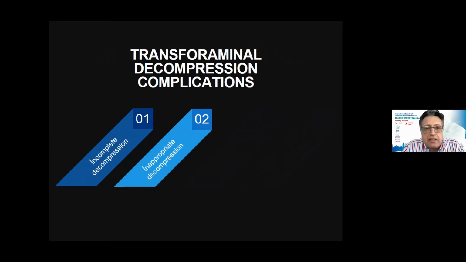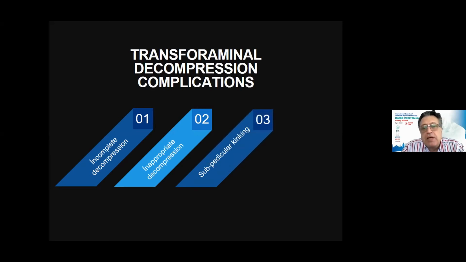But when we resect only the lateral part of the tip or of the wall of the superior articular process, and we don't remove in half the medial part of the superior articular process, the compression of the neural tissue continues, and the patient is not happy, and the surgeon also.